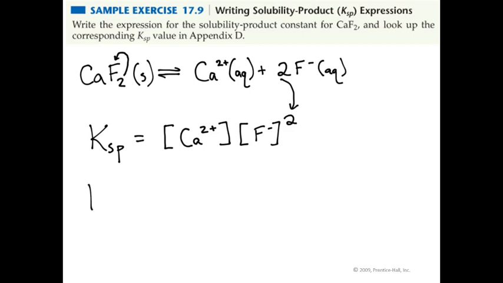And now the last thing I want us to do is practice using that table. So let's see if we can find calcium fluoride on the table that I passed out.